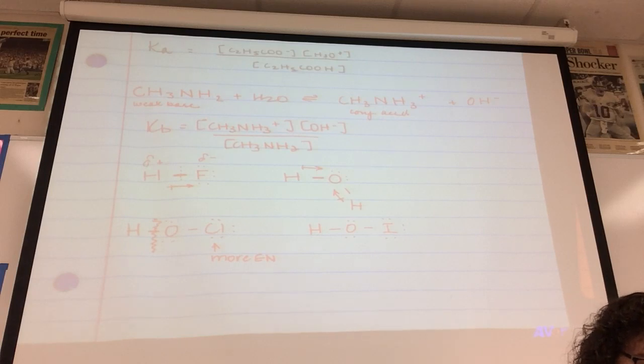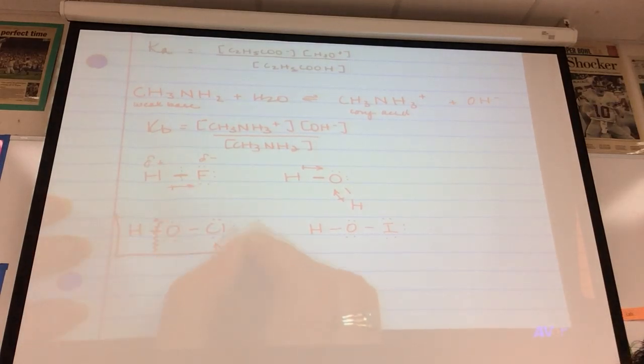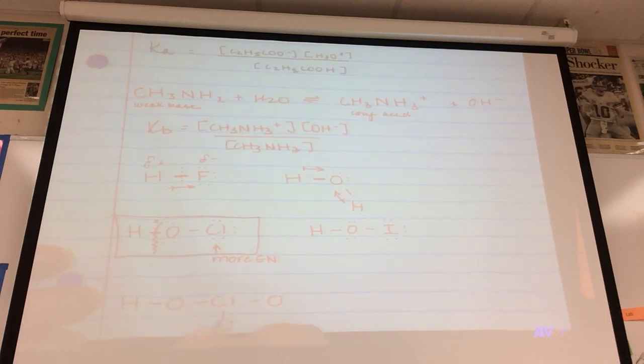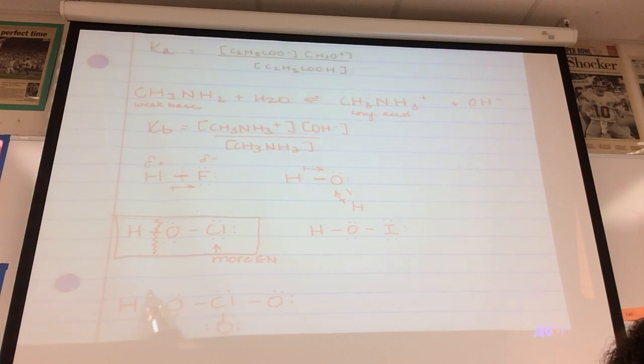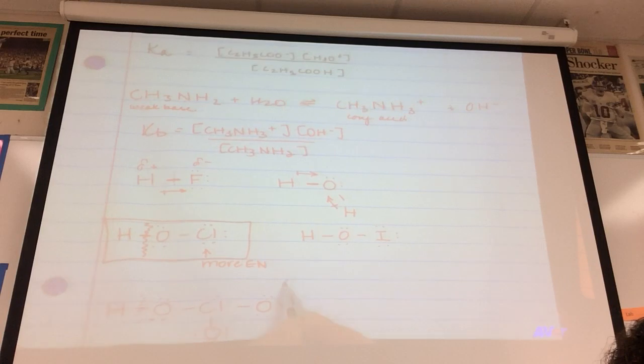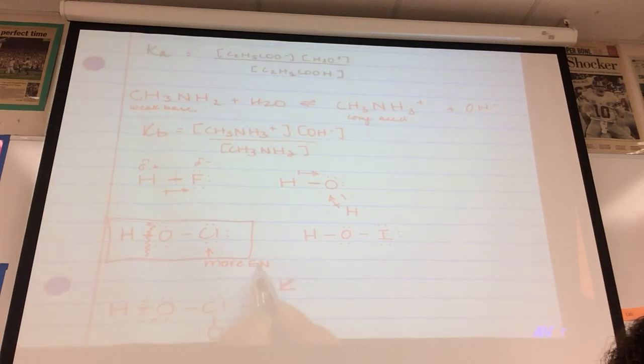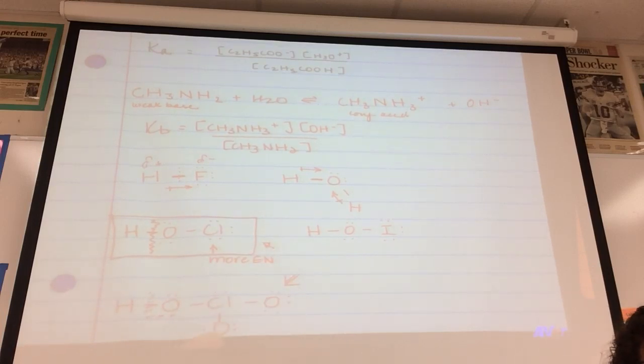The other thing that you find is if you compare acid strength of hypochlorous to, let's say, chloric acid, the more oxygen atoms you have, the greater the electronegativity, the more this bond is weakened, and we know chloric acid is a stronger acid than hypochlorous acid. So those are all comparisons you want to make.